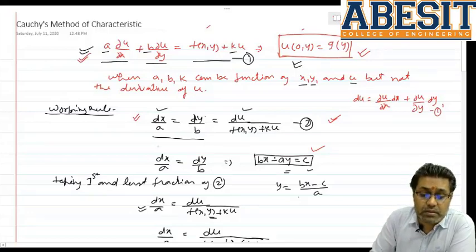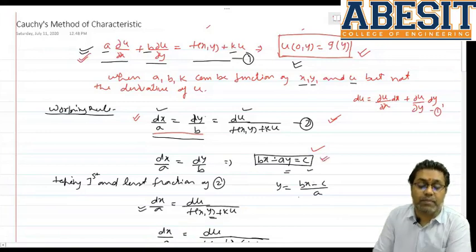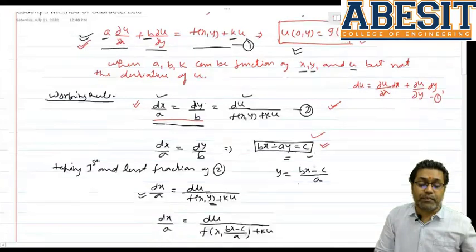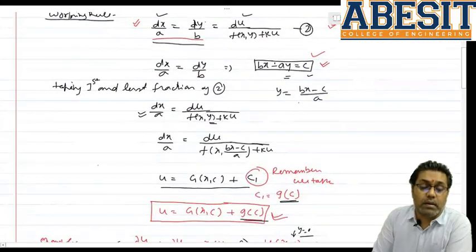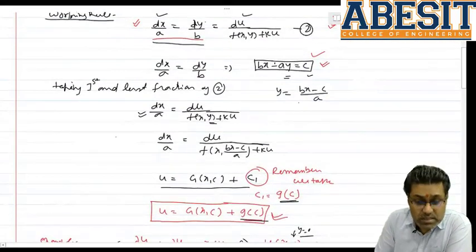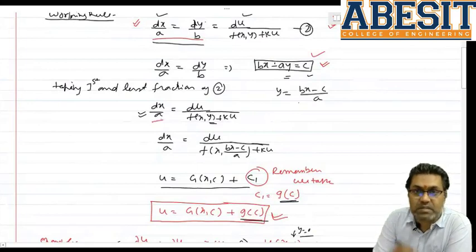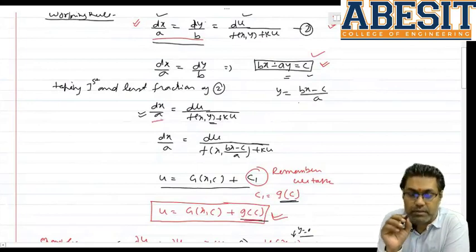So first we take the first two terms, dx/a = dy/b. From here we get bx − ay = c. Okay. Now, taking first and last fraction? No, this is not always first and last. This is a very important point which you have to notice.